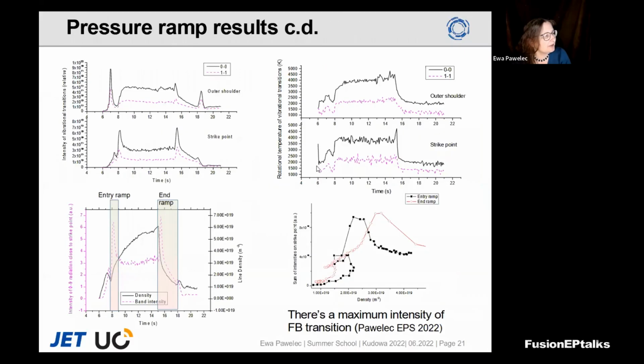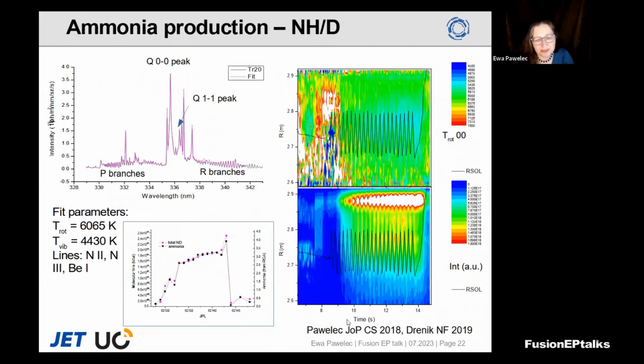Here is the high resolution spectrum of nitrogen hydride, 336 nanometer. We were measuring it, and we also had N2 plus, which is not here. The strongest N2 plus is 390 nanometers, and those are observed here. And if you have a broad camera, you will have more of them.